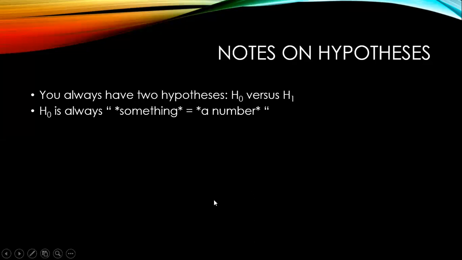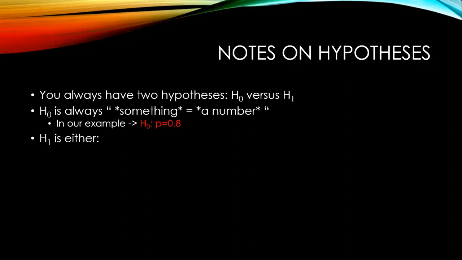So the null hypothesis is always something equals something. In our example, our null hypothesis H0 would be P equals 0.8: the proportion of people in the town with brown eyes is 0.8. We normally use P, as in probability or proportion, with these hypothesis tests.